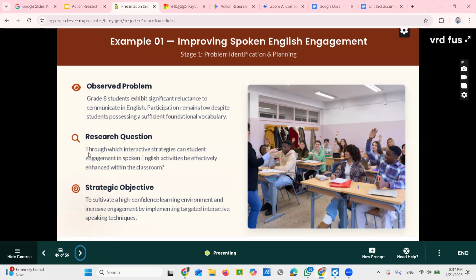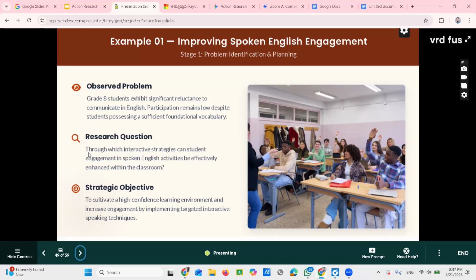You are not going to build the research question directly. It's not possible, or it's not a proper way. First you need to identify an observed problem, using one of the methods discussed earlier.